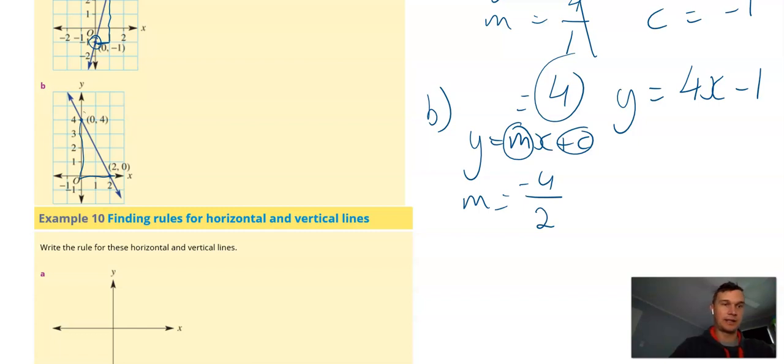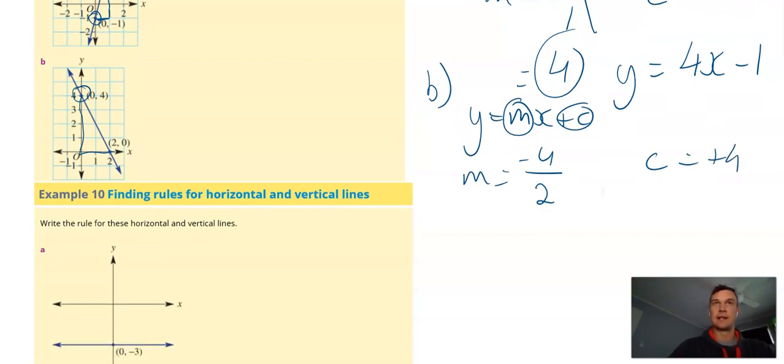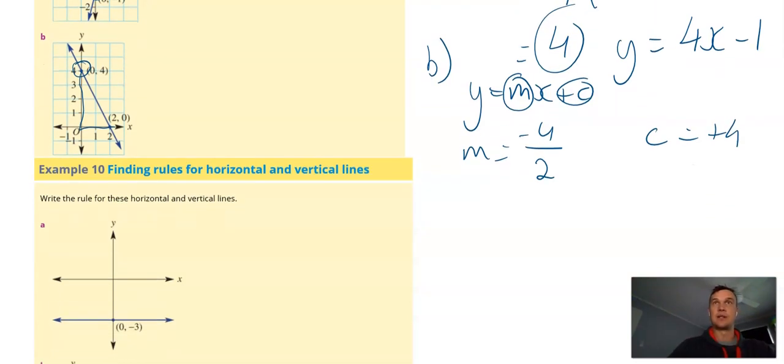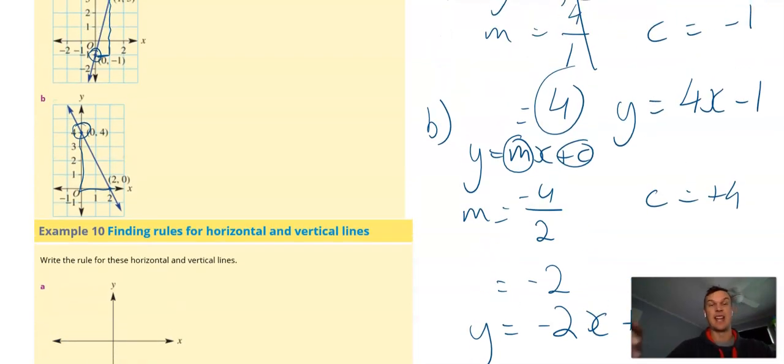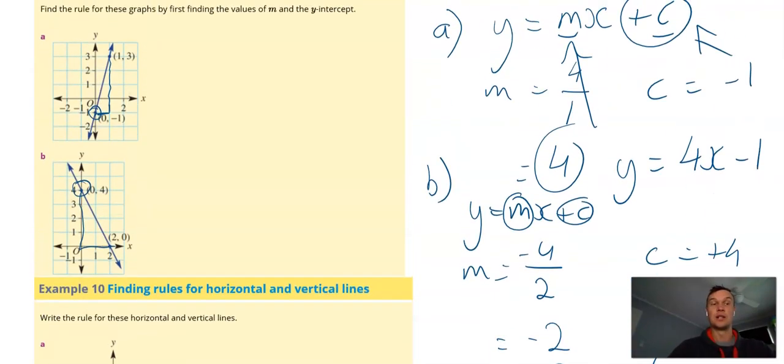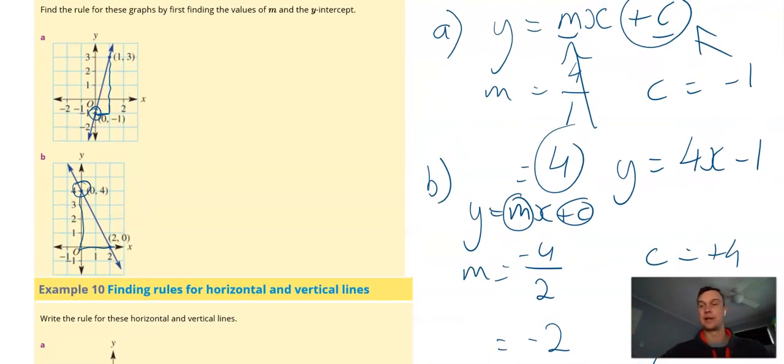Our y-intercept up here is plus 4, so c equals plus 4. Negative 4 over 2 equals negative 2. So we can write our rule: y equals negative 2x plus 4. That's how we calculate it using those rules. You just find the gradient and then you find the y-intercept, and that will tell you your rule.